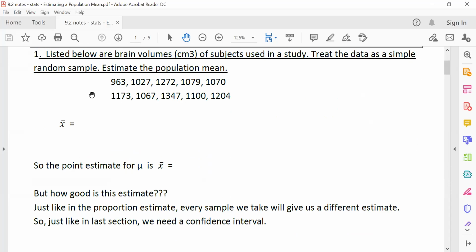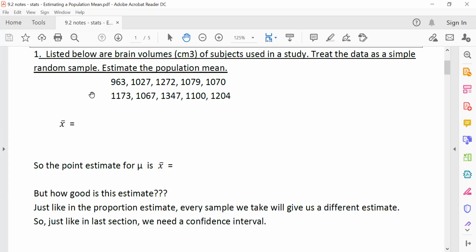So if you have these 10 things, these are brain volumes in centimeters cubed of subjects used in the study, we would want to take their average. So 963 plus 1027 plus 1272 plus 1079 plus 1070 plus 1173 plus 1067 plus 1347 plus 1100 plus 1204.